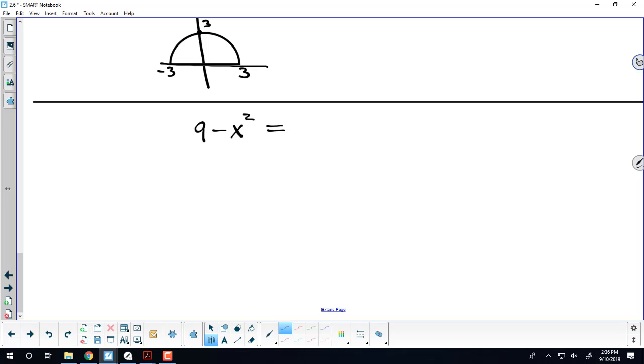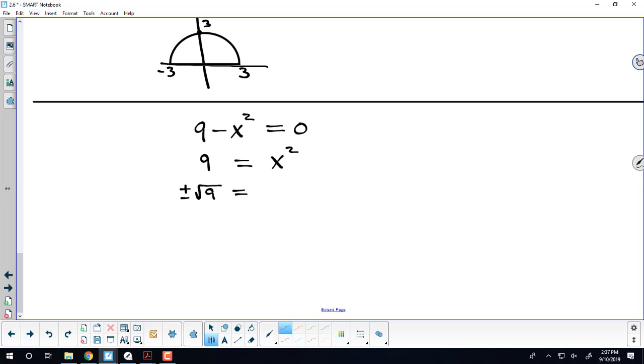Anywhere but those points, it has to be either positive or negative. We add x squared to both sides, and then x squared equals 9. When something squared equals a number, we take the positive and the negative root.